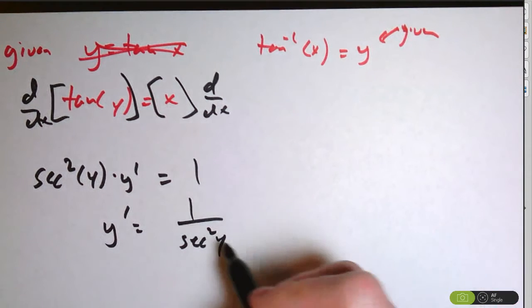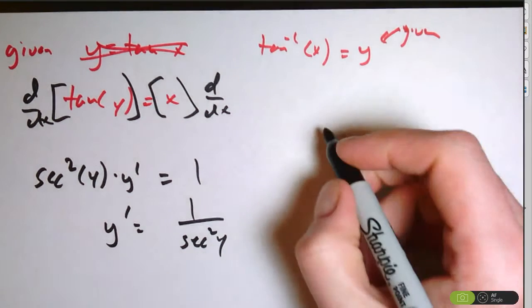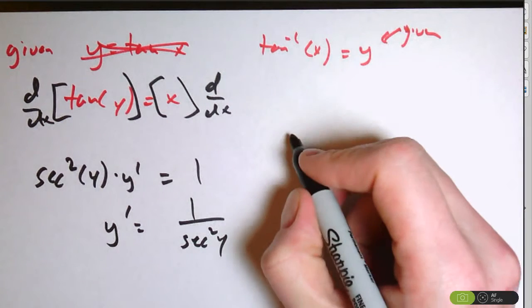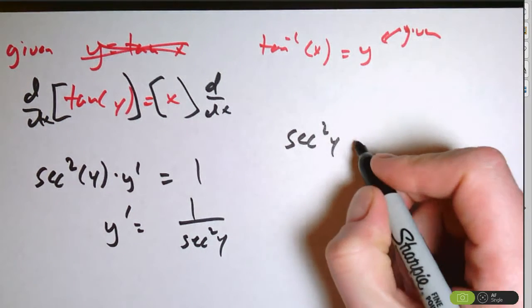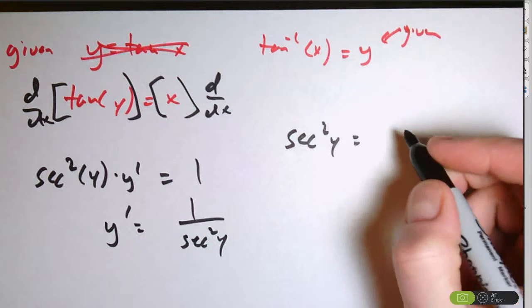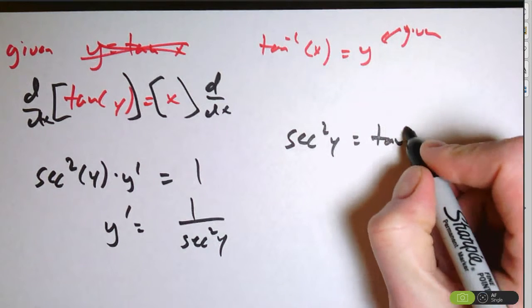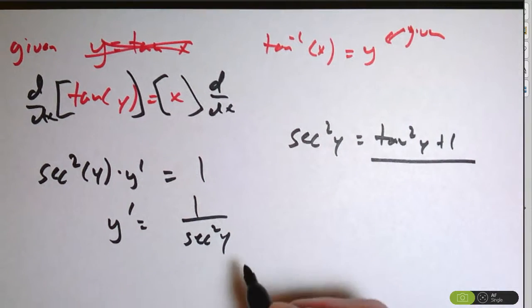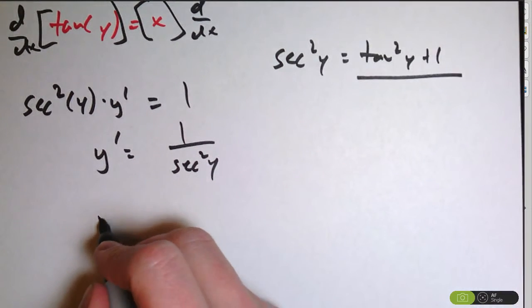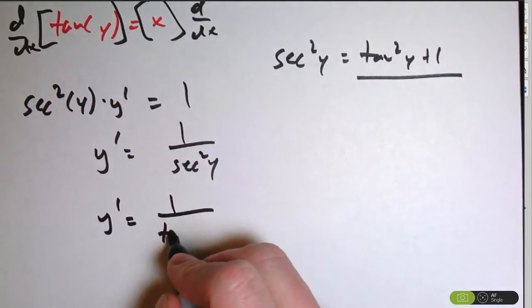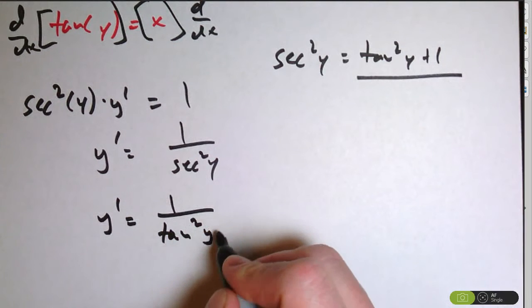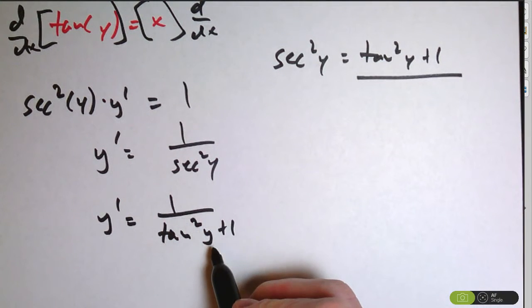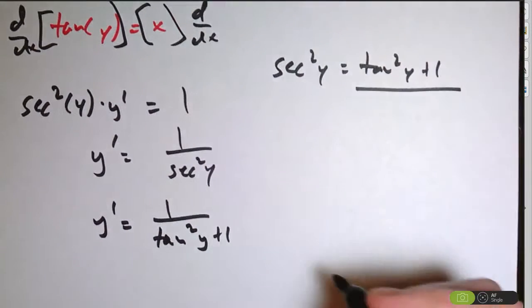And you go back and say, well, what the heck does secant squared y equal? Oh, well, there's an identity which we haven't seen for a while. Secant squared y is tangent squared y plus 1. So I'm going to replace that with this. And we said, what's tangent y equal to? Oh, it's really equal to x.